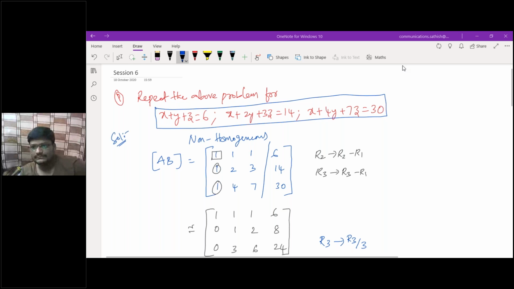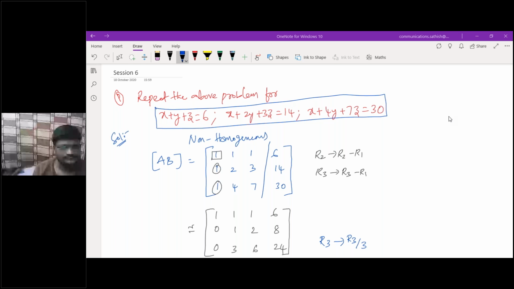If I had given the same problem with options, I'm just considering an example. Let me take this example. Now you need to tell the answer for that.